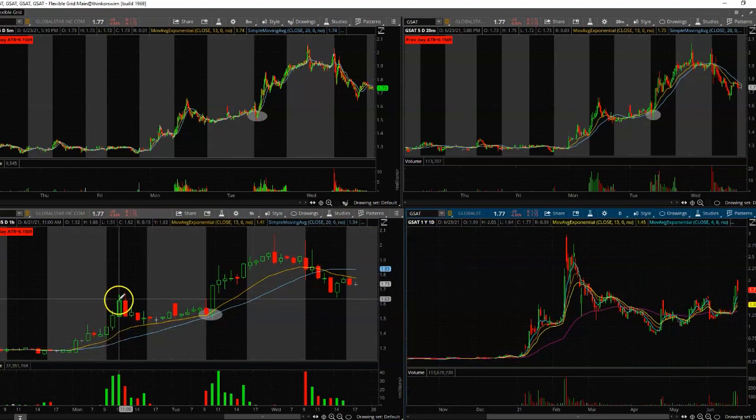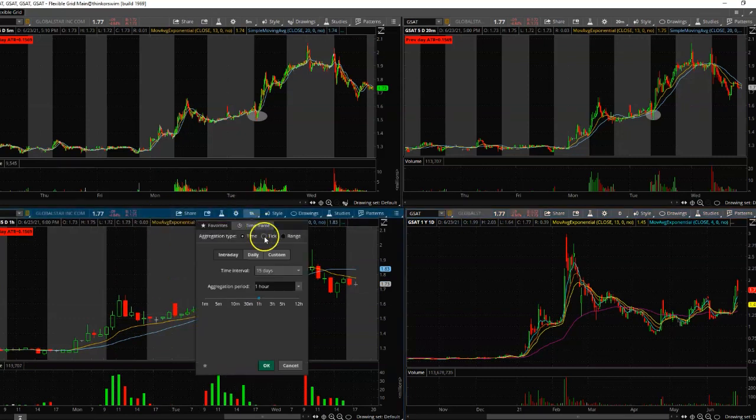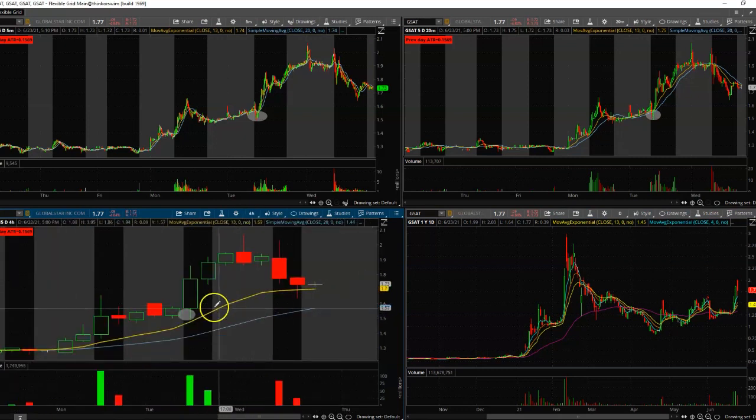It got on my radar here on the 21st or Monday, dipped into the 13 EMA and held it. And essentially, I saw it holding the hourly. I saw it holding the 4 hour right there, dipped into it.